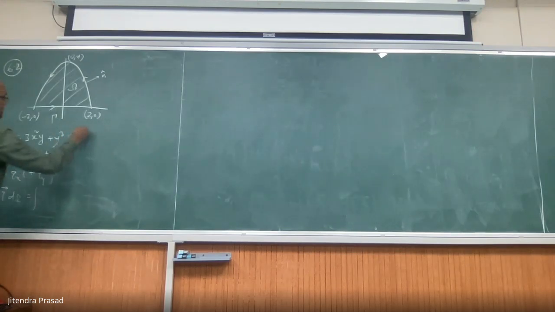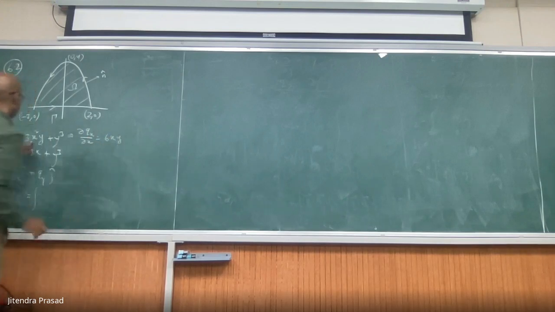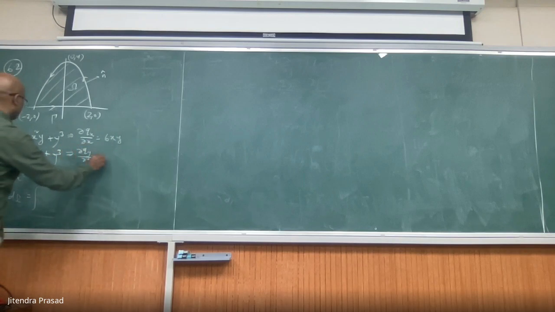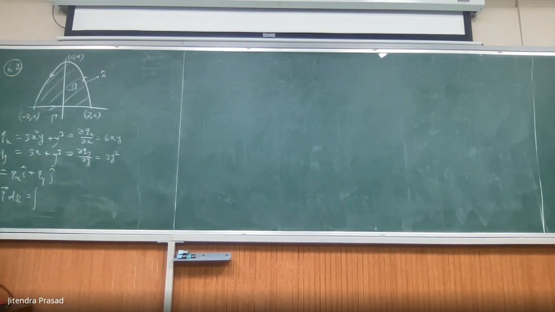That really means del qx over del x is equal to 6xy, and del qy over del y is equal to 3y square. So this plus this is nothing but divergence of q.